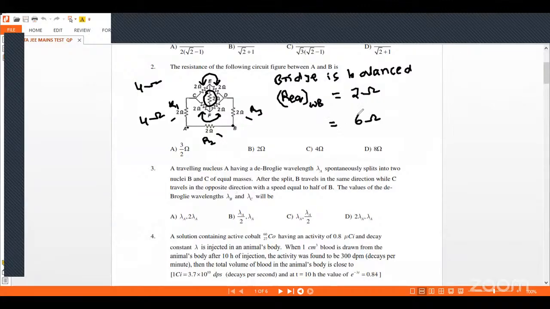Now, these 2 ohm and 6 ohm are in parallel. So the equivalent resistance will be 6 into 2 by 6 plus 2, that is 12 by 8, approximately 3 by 2 ohm. That is option A.